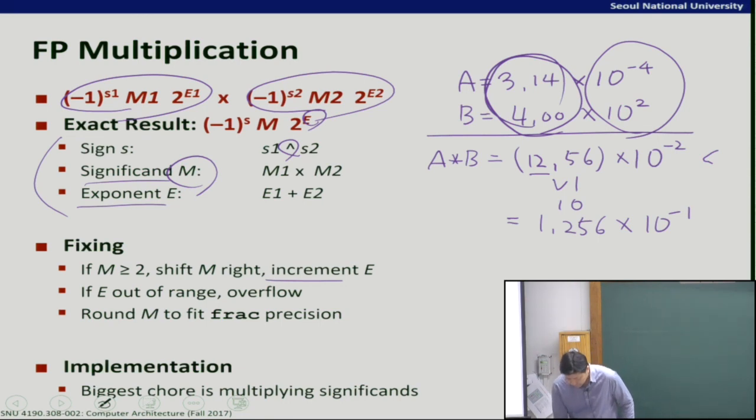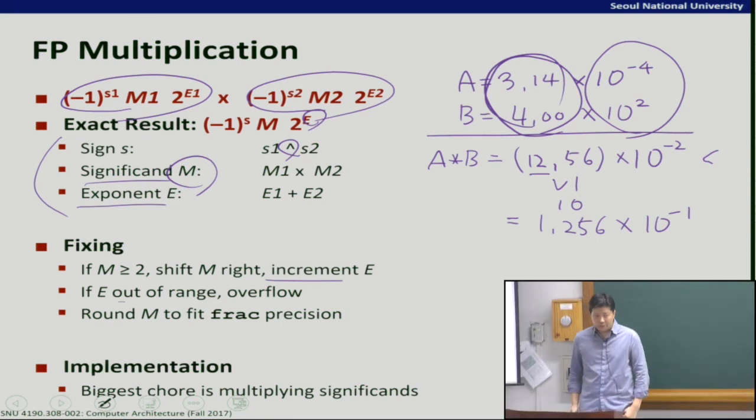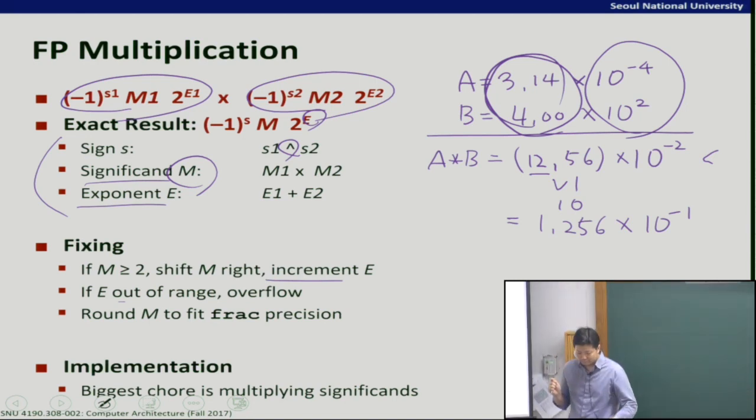And if the E value goes out of range, meaning that if it becomes larger than the maximum number you can represent, then it's an overflow. Finally, you may end up having more bits than you can pack in this M field. In this case, you have to do some rounding to fit them into the number of bits.